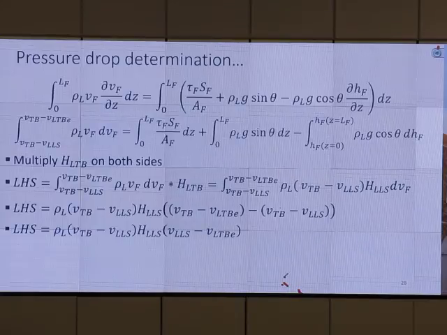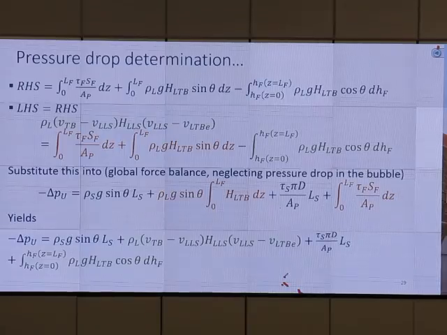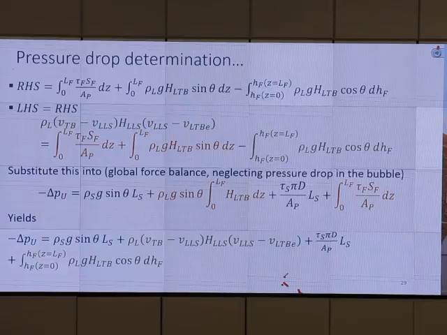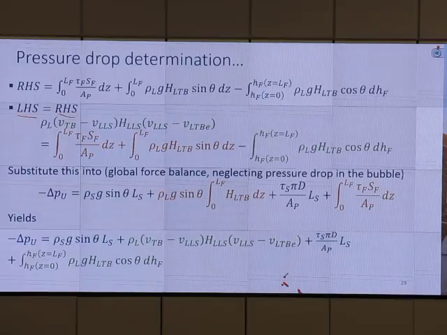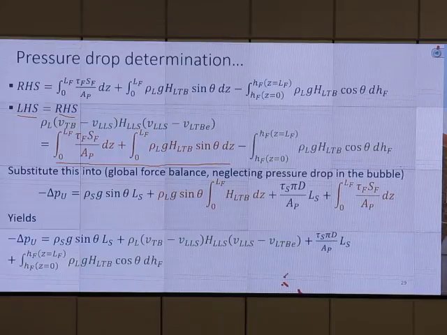Just do the math, okay? Go back home and do it, please. It becomes like that, a little bit. So we have this. When we integrate the momentum equation from Barnea, we have left hand side equal to right hand side, right? And we can express the brown term in terms of green.